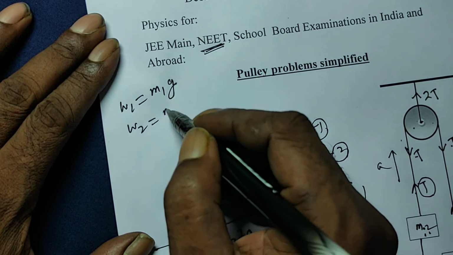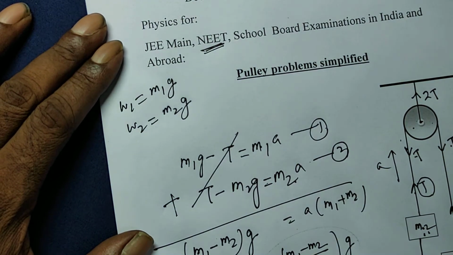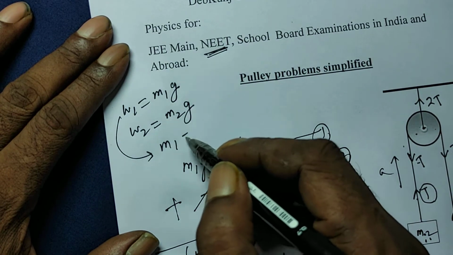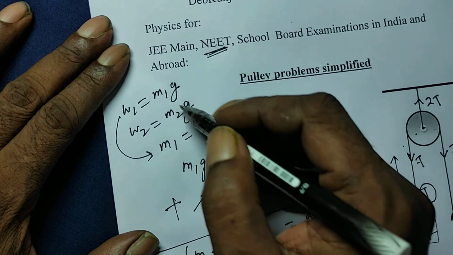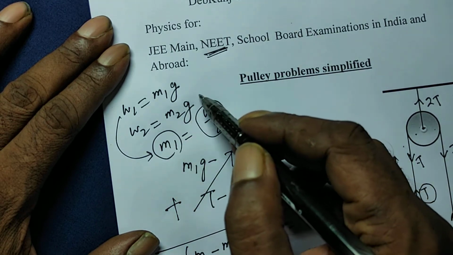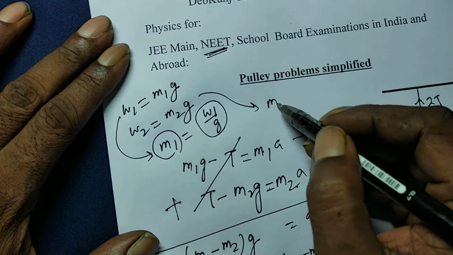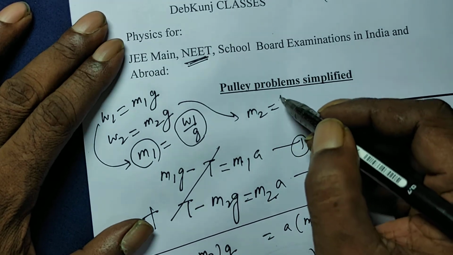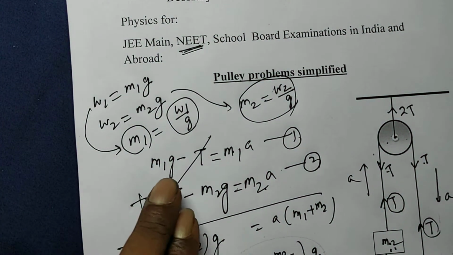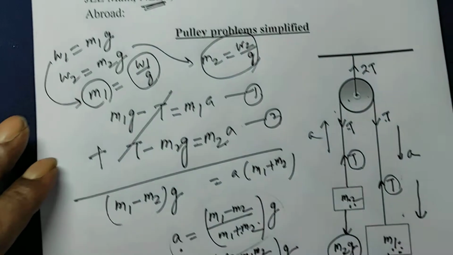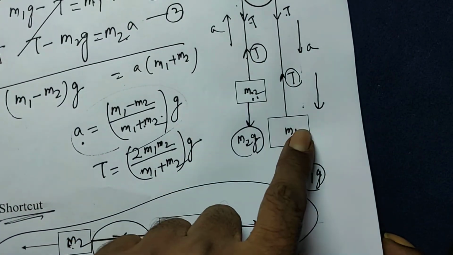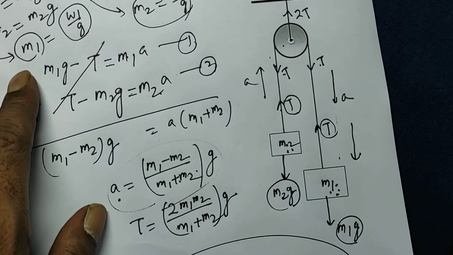Similarly, w2 will be equal to m2 times g. So from here m1 becomes w1 over g, and similarly m2 becomes w2 over g. If you substitute the values of m1 and m2 here, this was explained in the previous video.